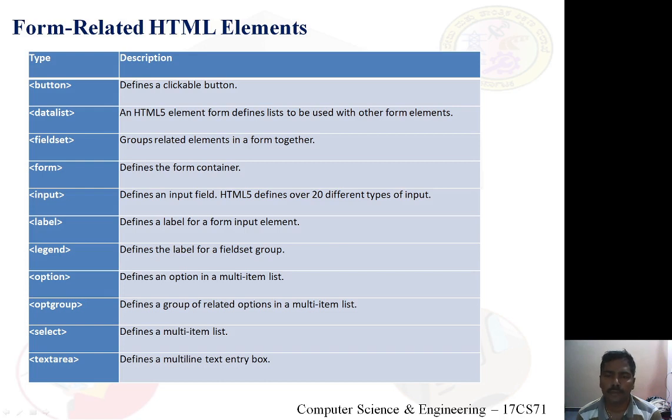Label defines a label for a form input element. Legend defines the label for a fieldset group.